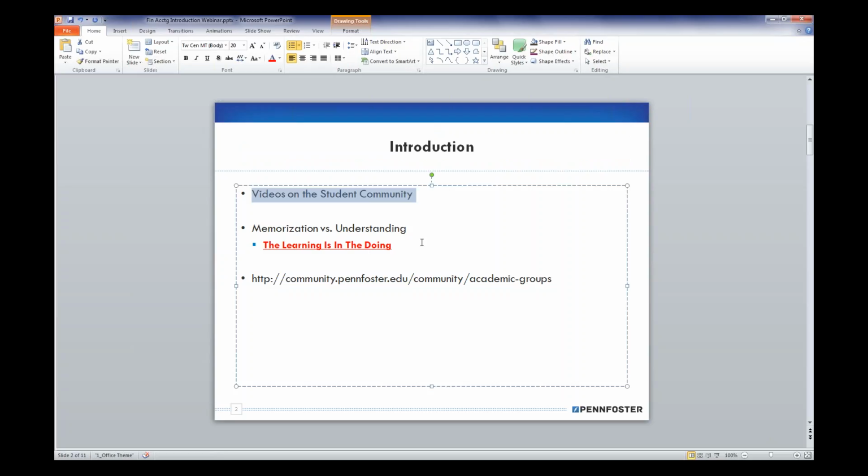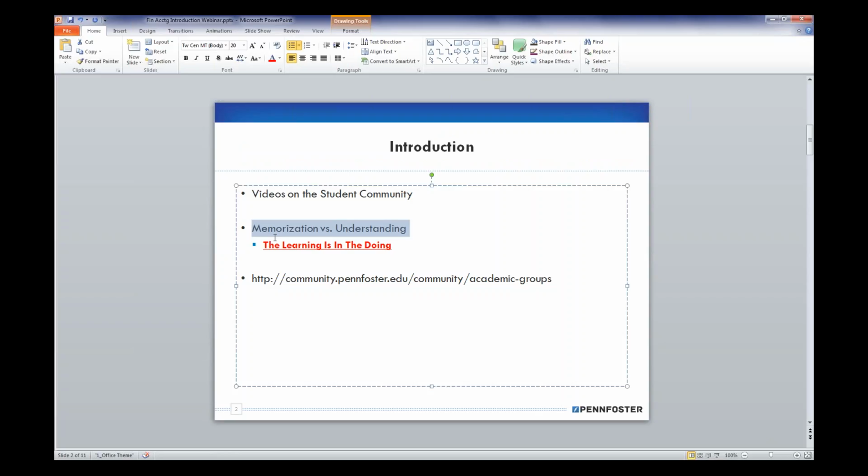But as an introduction here, I put memorization versus understanding, and the learning is in the doing. The reason why I wrote memorization versus understanding is because a lot of students treat financial accounting as if it's like American history, where they can read the textbook and memorize what's in it.